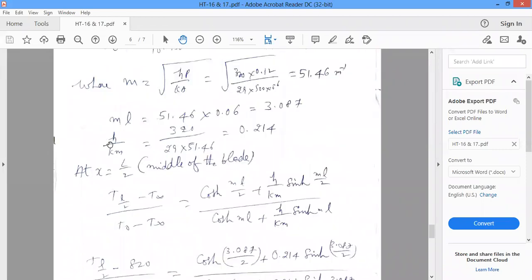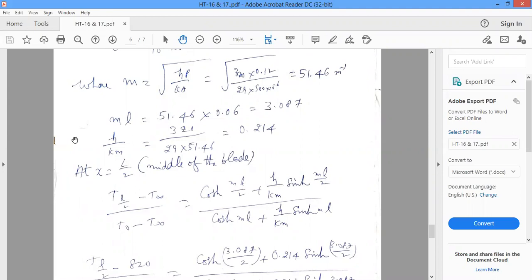So h by km is equal to 320, the film coefficient, that is the convective transfer coefficient h, 320, divided by k value 29 divided by m value 51.46. After simplification, h by km is equal to 0.214.